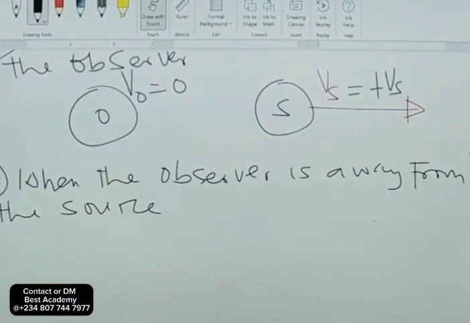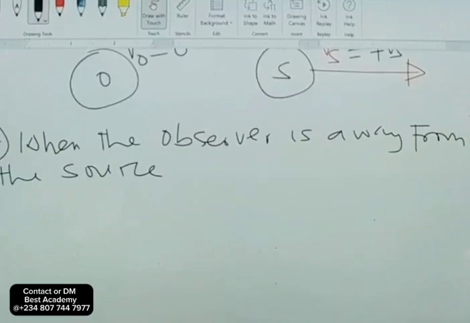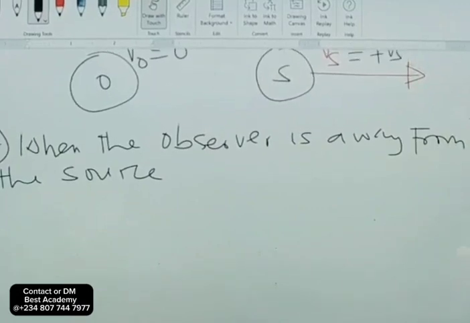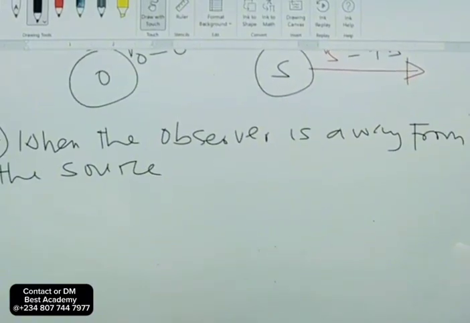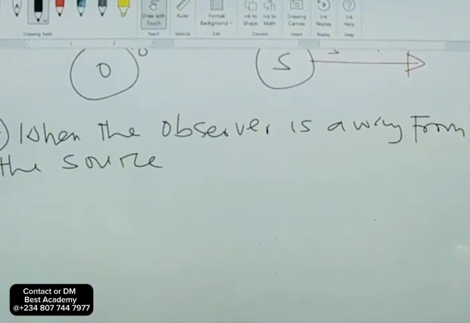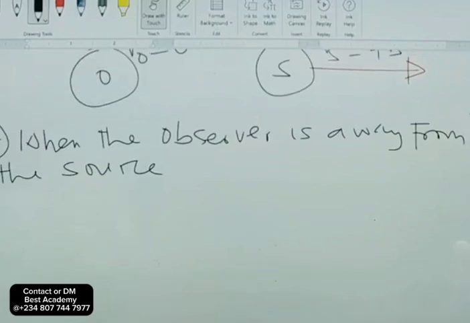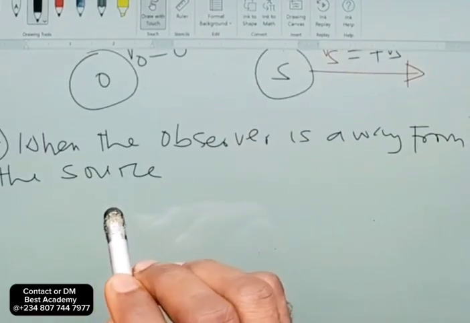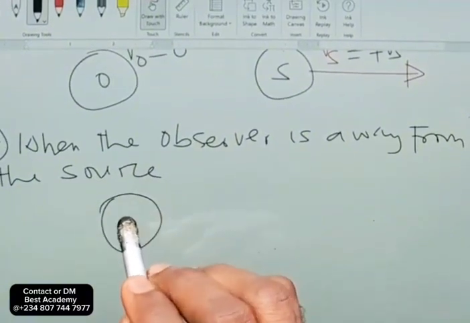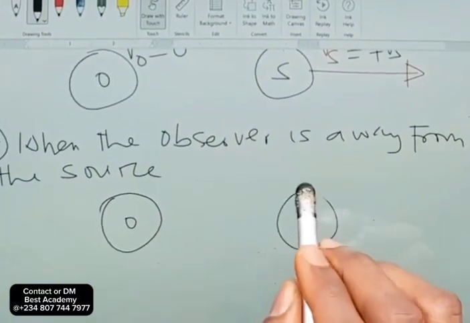Okay, now let's look into the picture here to understand the velocity moving and the velocity at rest. Okay, so always the observer is at your left, your right is the source.